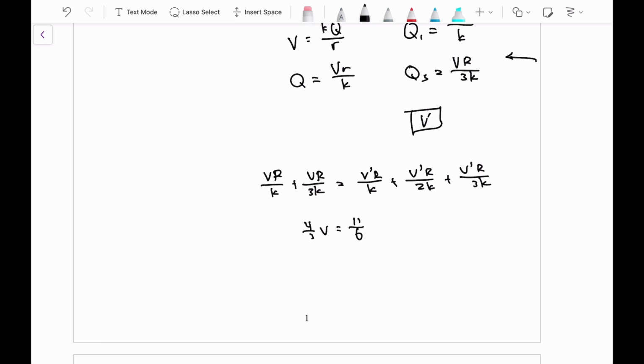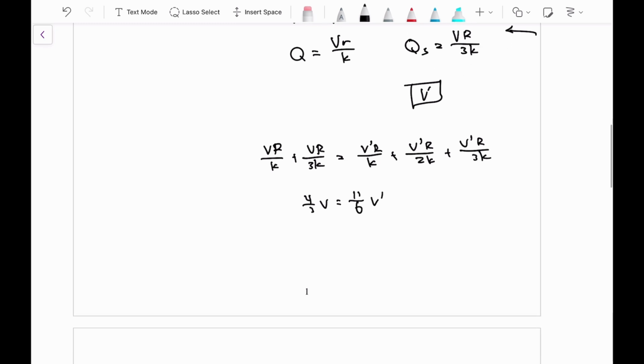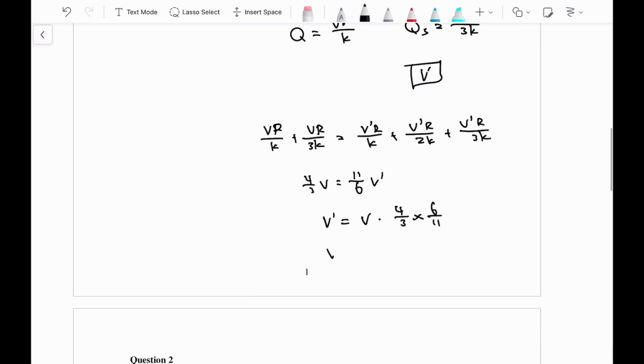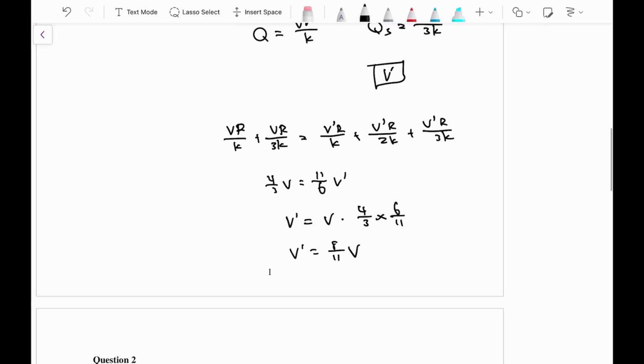And then it's V dash. So therefore, we can express V dash in terms of V. That will be times 6 over 11, and this will be equal to 8 over 11 V.